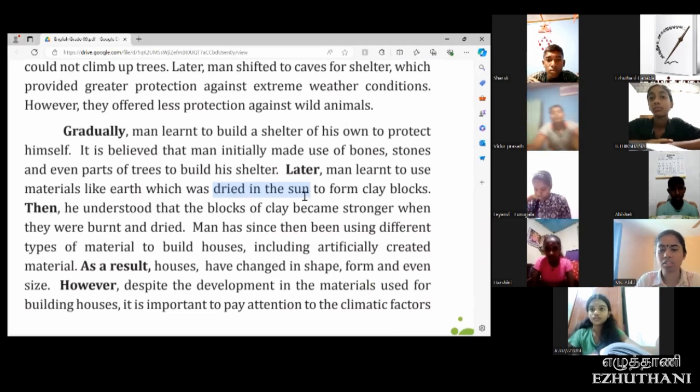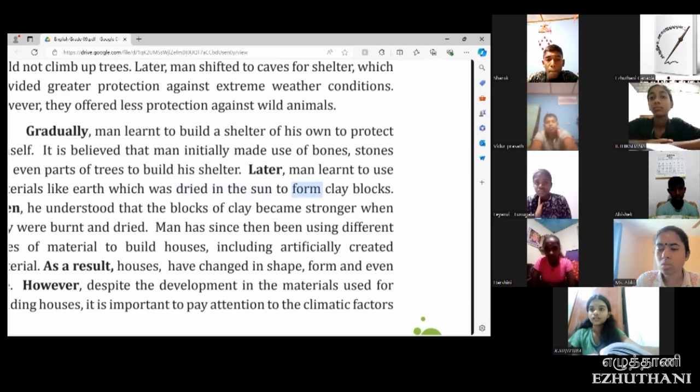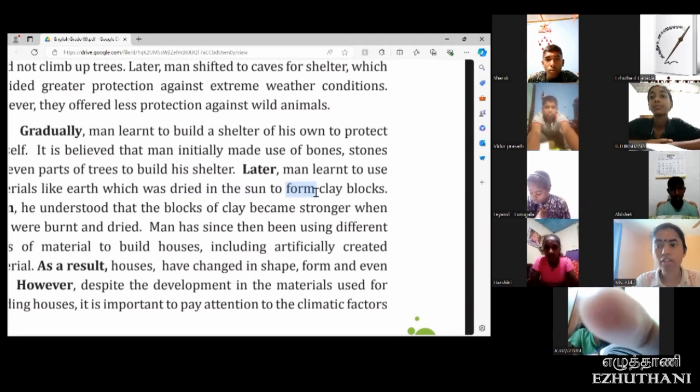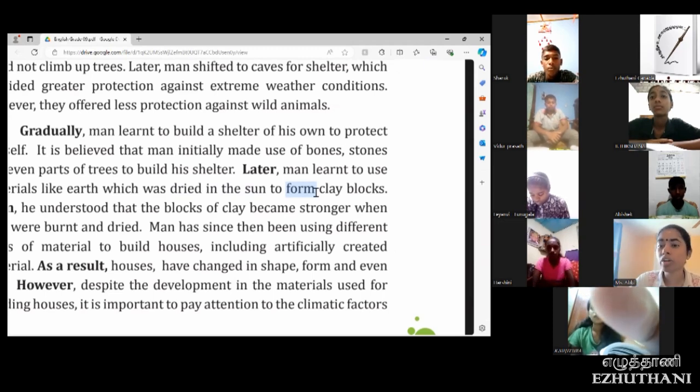So dried in the sun. To, what's this word? From. Form. From means from something. I took the book from school.